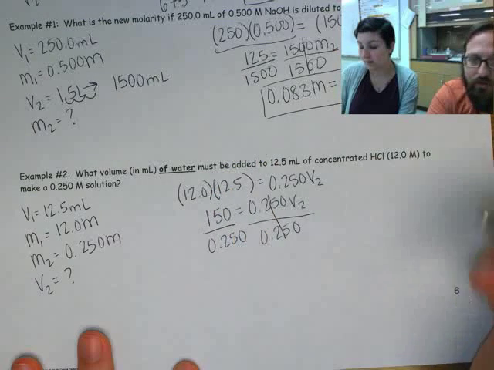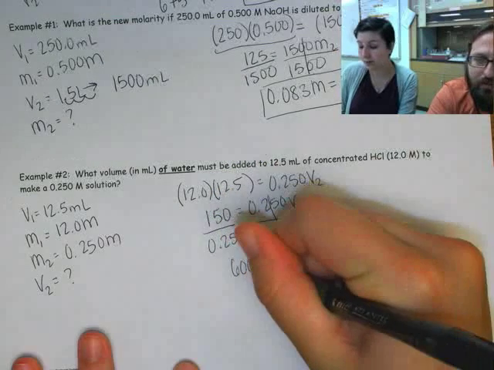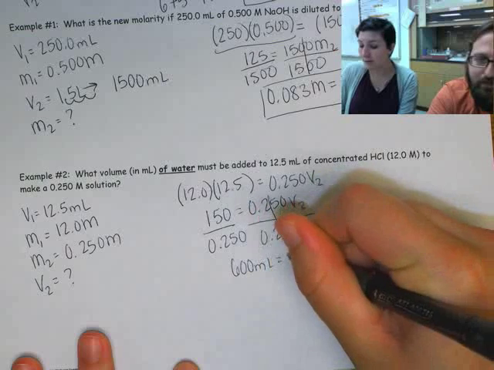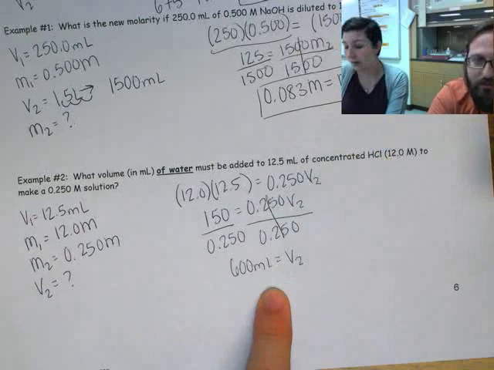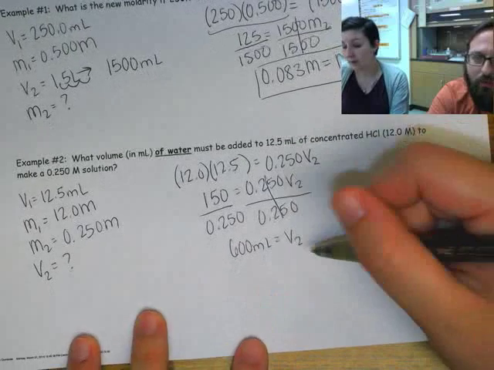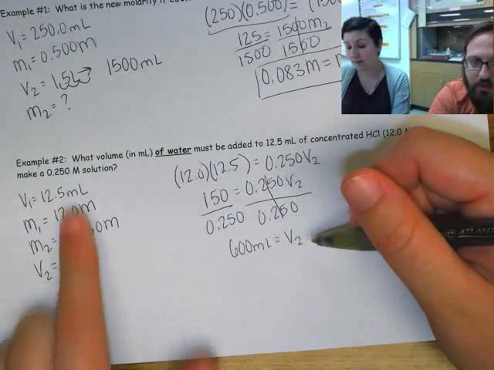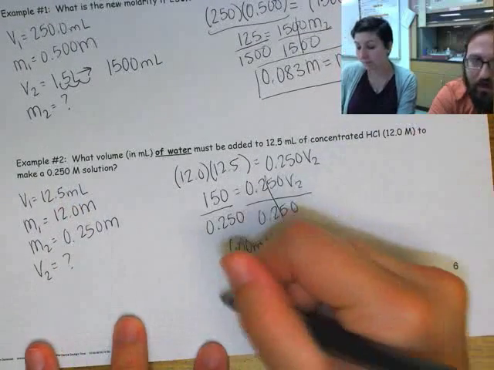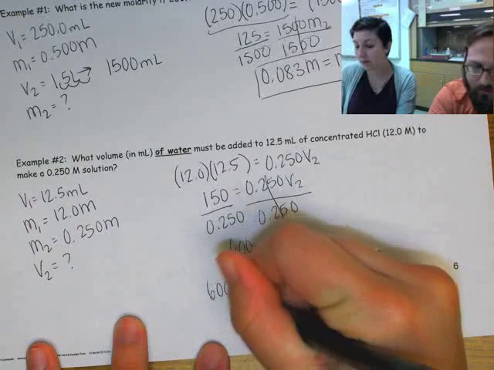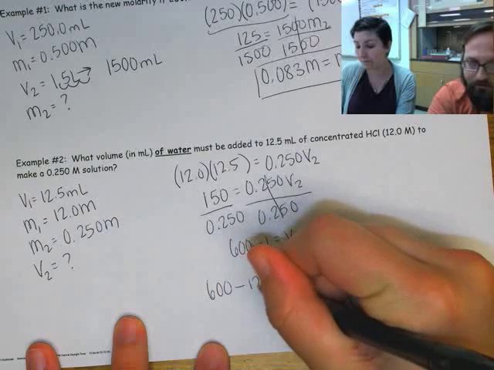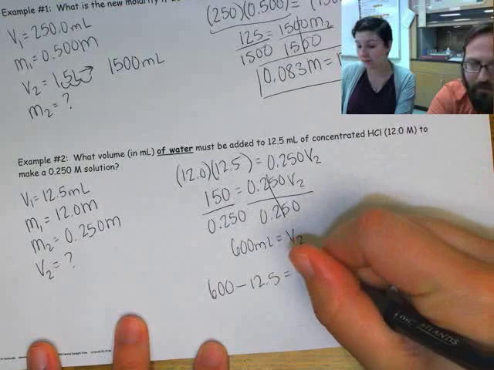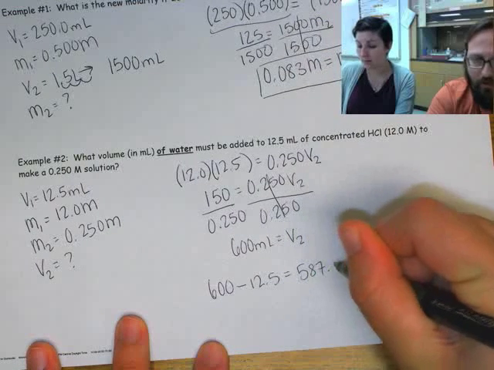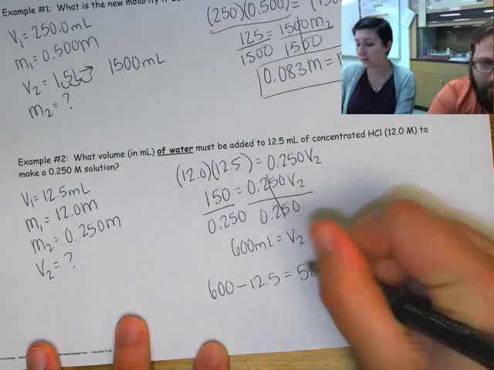So 600 milliliters is our V2, which is what it was changed to, how much volume it's taking up now. But I want to know how much I had to add, so we subtract: 600, our V2, minus our V1, gives us 587.5 milliliters. That's how much we had to add to get to 600.